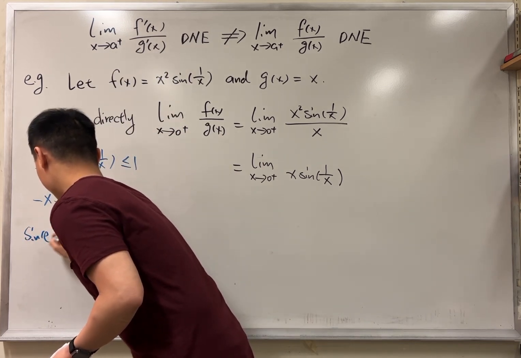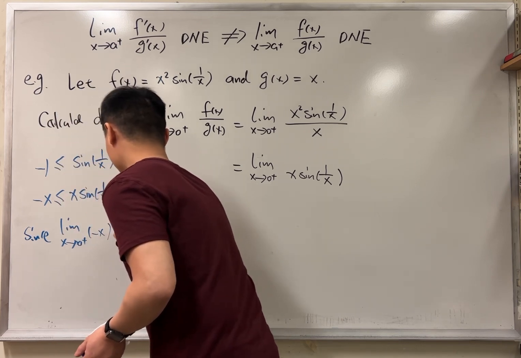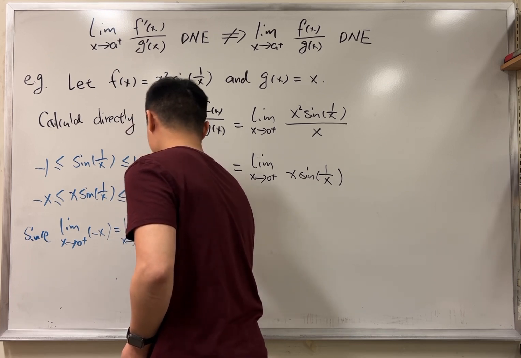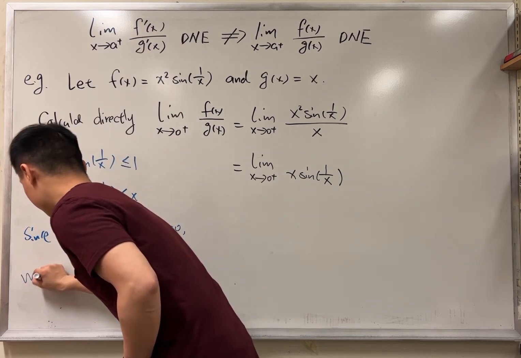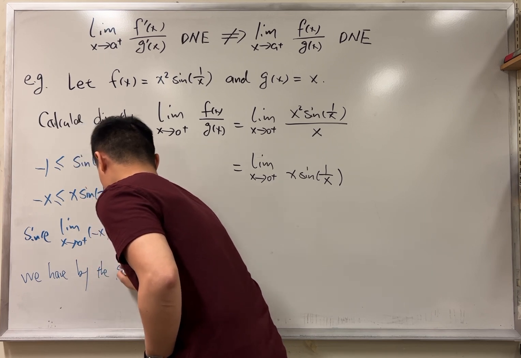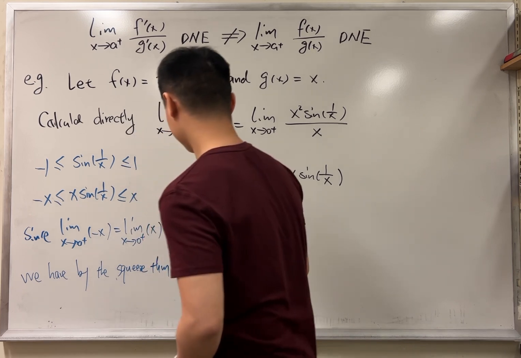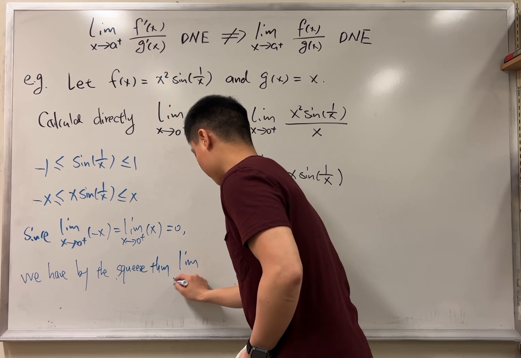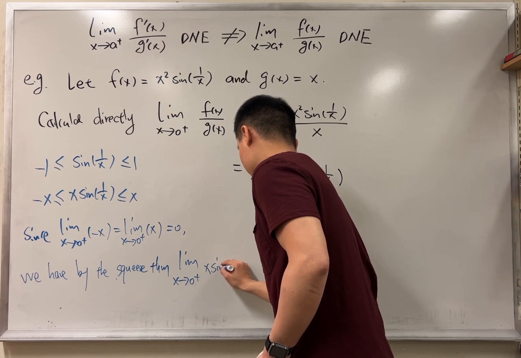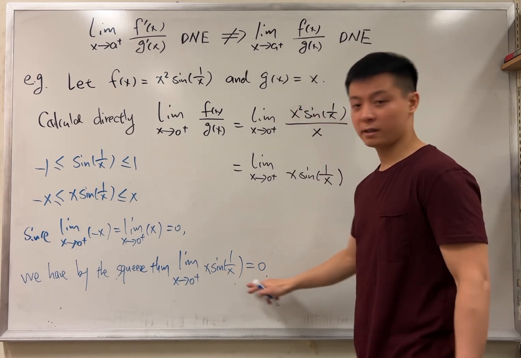So since the limit as x approaches 0 plus of negative x equals the limit as x approaches 0 plus of x equals 0, by the squeeze theorem the limit as x approaches 0 plus of the function in between also has the same limit 0.